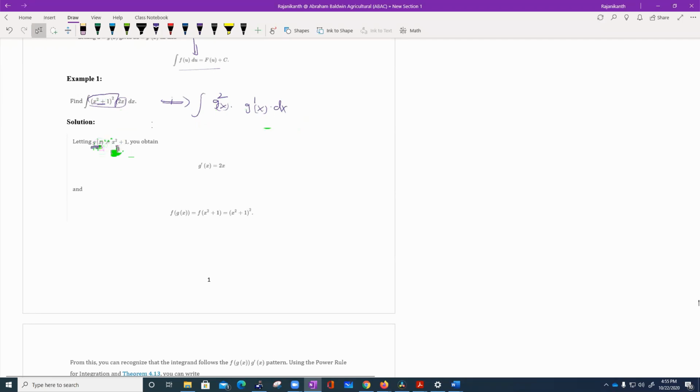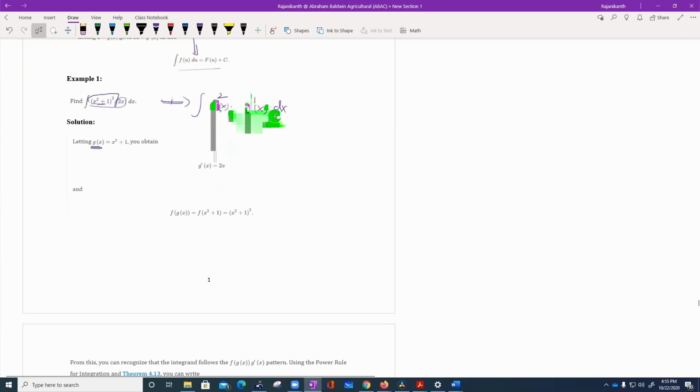Because if my g function is x squared plus 1, then the derivative of g, which is g prime, is 2x. That is right over here, right? So if you see one function here and its derivative here, we call this a pattern.